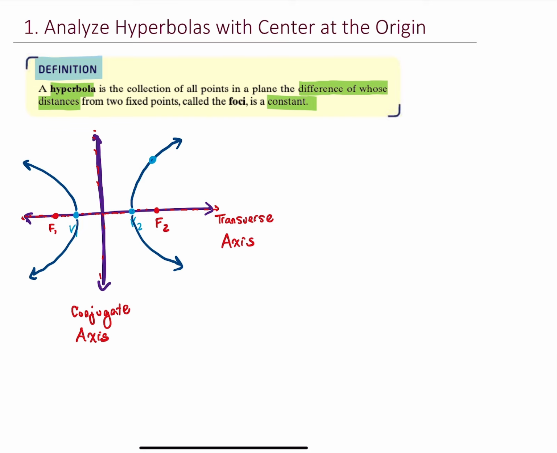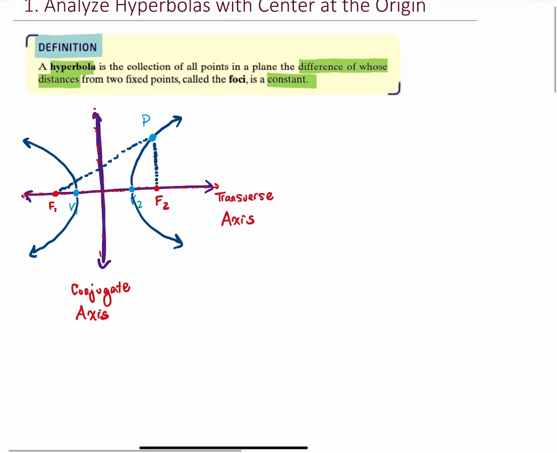So if we have some point on the hyperbola, we could have one distance from the first focus point, and then the second distance coming from our second focus point. If we subtract those two, that value will be the same for any point on the hyperbola.